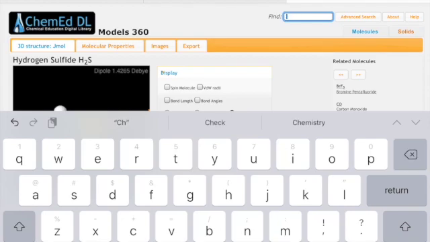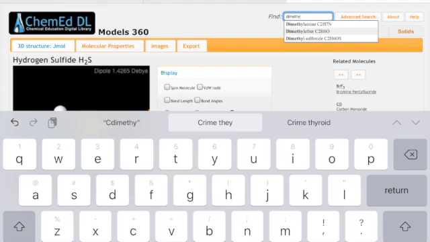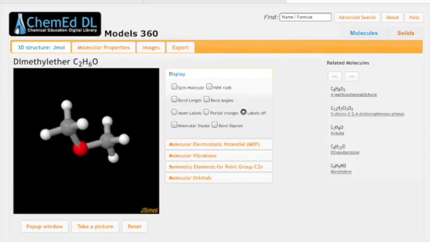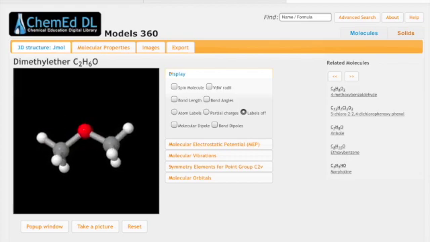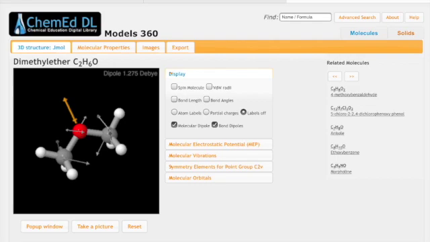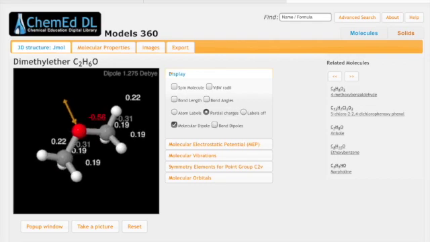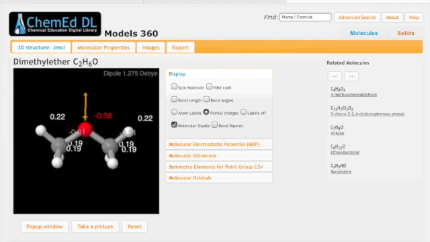All right, so there is my dimethyl ether. And I can look at my molecular dipole. Here's my bond dipoles. A lot of them cancel out. And again, I can look at my partial charges. My oxygen is negative. The others are a little more positive.